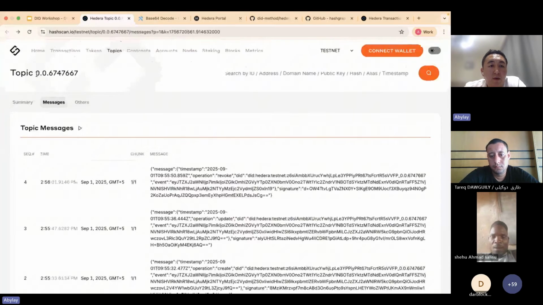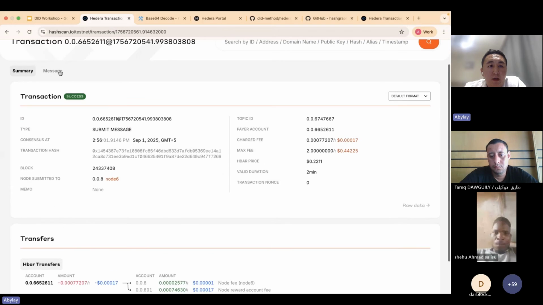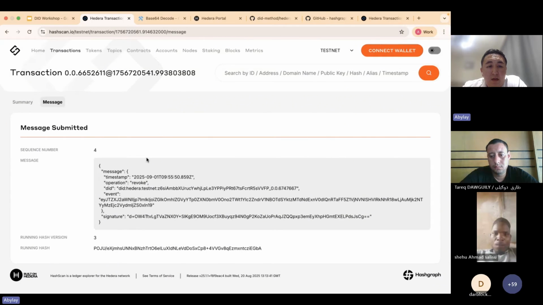We have analyzed the privacy leak in this metadata, whether there is high diversity and any fingerprintable information available. As you can see, it's a date time, operation type, your DID, topic ID, some encoded event, and also a signature.